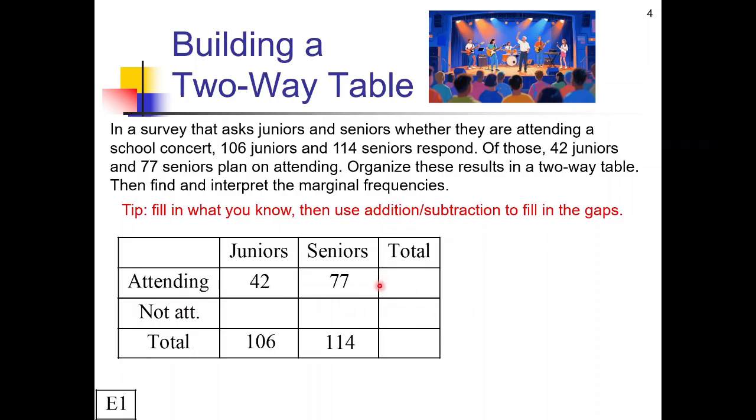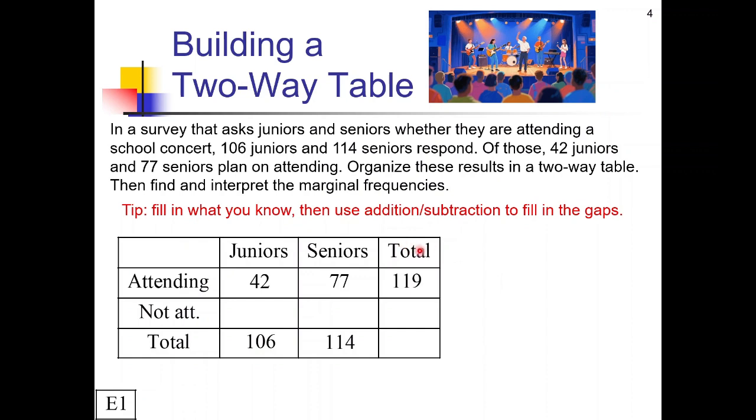So now that we have all this, I'm going to fill in the gaps based on what we have. I'm going to start at the top and work my way down. It doesn't really matter what order you fill these in. Let's start with the total attending. 42 juniors plus 77 seniors would be a total of 119 students overall.